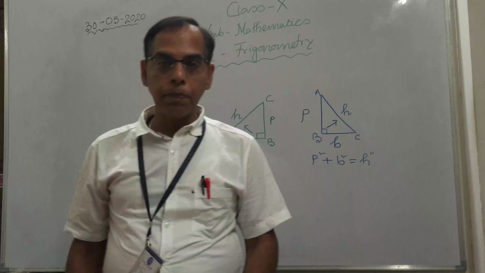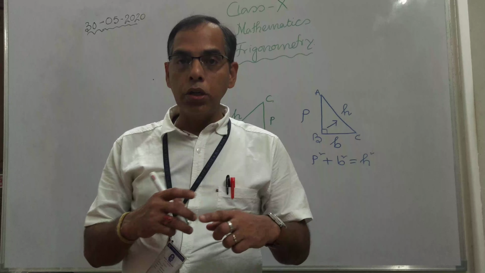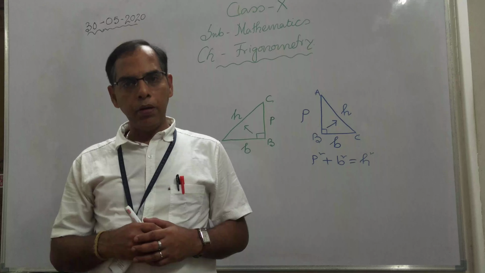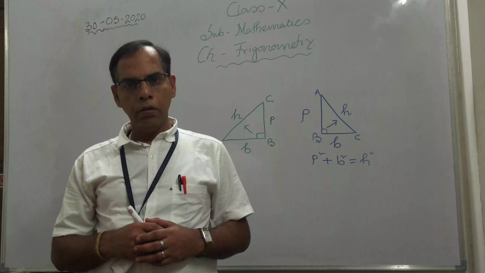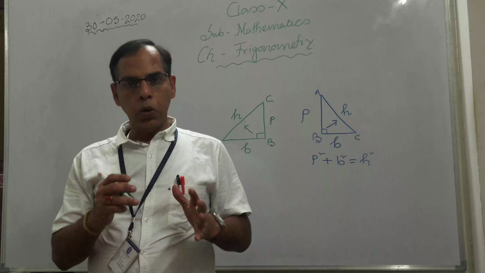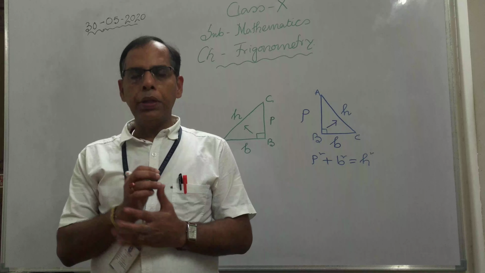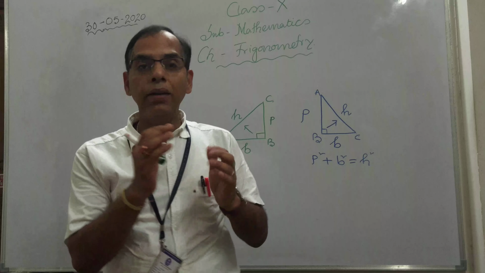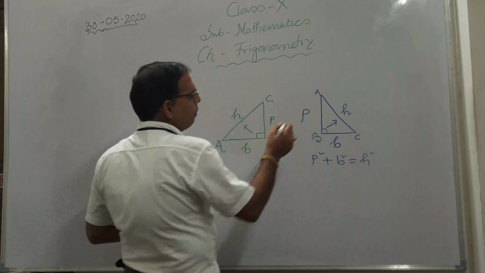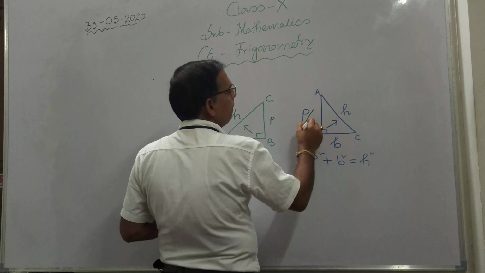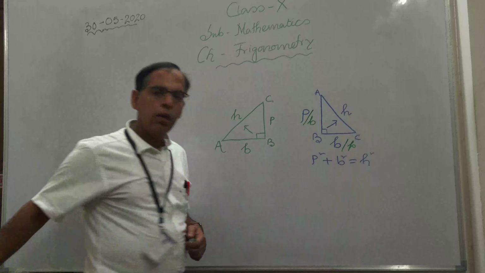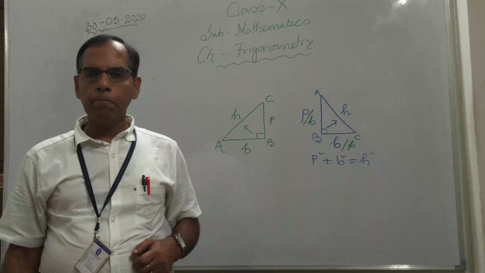That means the base and altitude are mutually perpendicular to each other. So according to the need, we can change the base and perpendicular. And that's why we can write perpendicular slash B or B slash perpendicular. Clear?